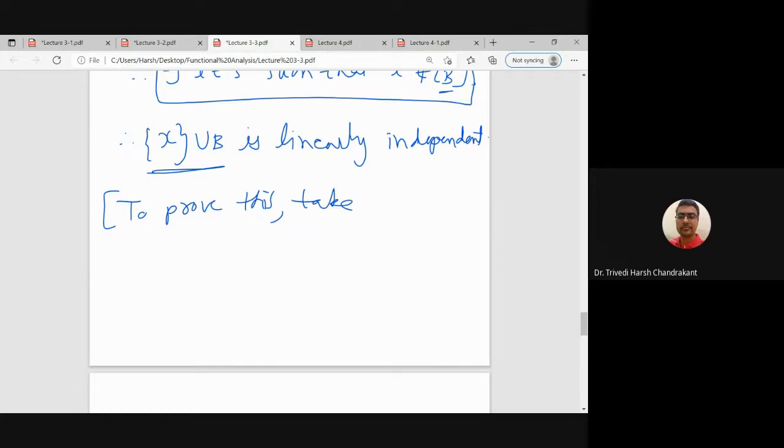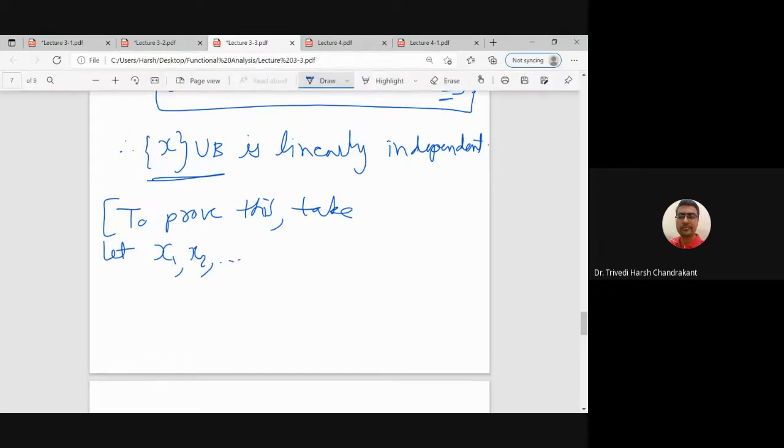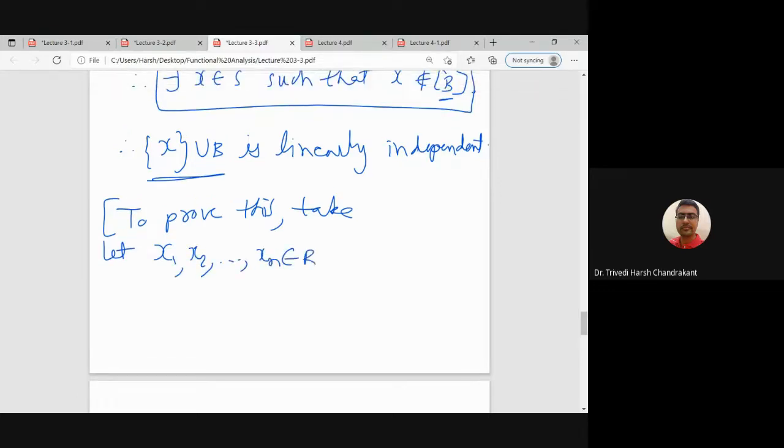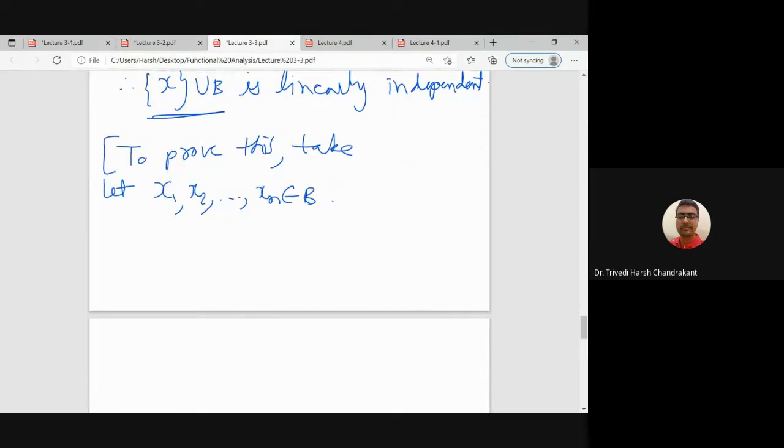So if we want to show this, we take x1, x2, ..., xn elements of B. If we take any linear combination kx plus k1 x1 plus k2 x2 plus ... plus kn xn which is 0, we want to show that this set is LI.